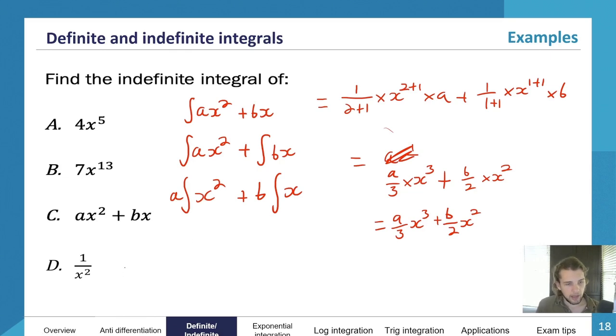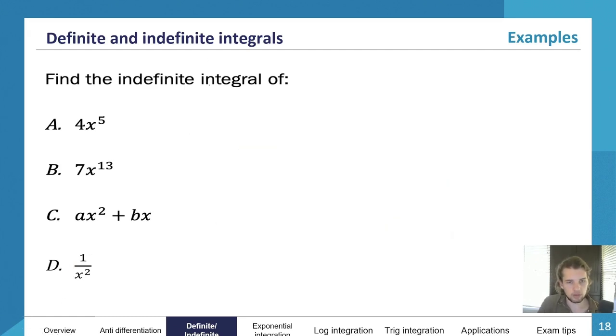So lastly, we have this one here. Now we'll try to apply this formula. Just consider that 1 over x to the power of 2 is the same as x to the power of minus 2. So let's do this. We're going to integrate 1 over x to the power of 2.